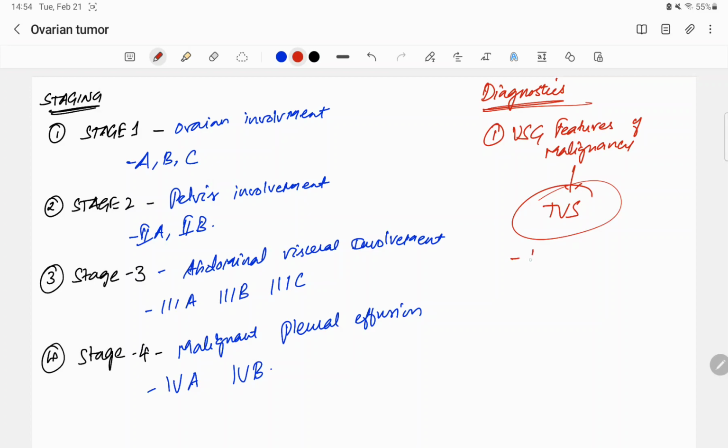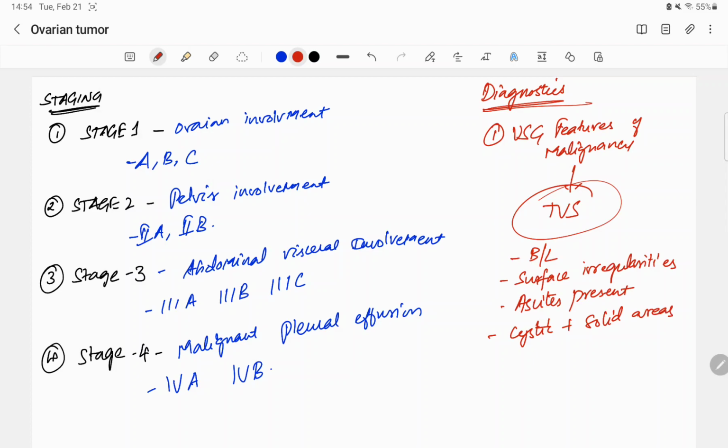As I told you, usually it is bilateral, and you have surface irregularities, and ascites is also present, and you have cystic and solid areas together. Alright, and then you do CT or MRI for further evaluation.